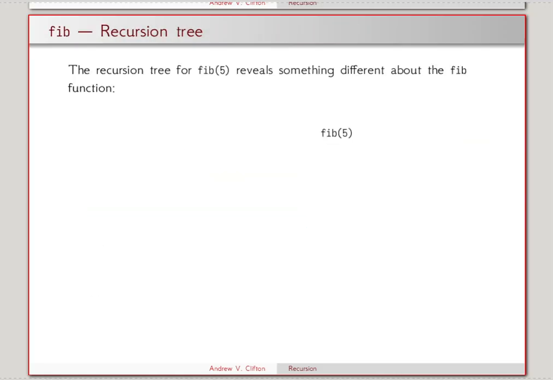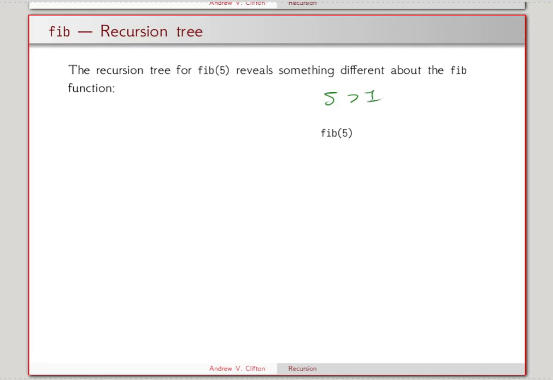So let's draw the recursion tree for this. If I was doing this in person on the board, this would take me like 15 minutes, and I would always screw it up and not leave myself enough space on the board. But fortunately for you, I've pre-written this out, so it'll go nice and easy. So we do fib of 5, and 5 is greater than 1.